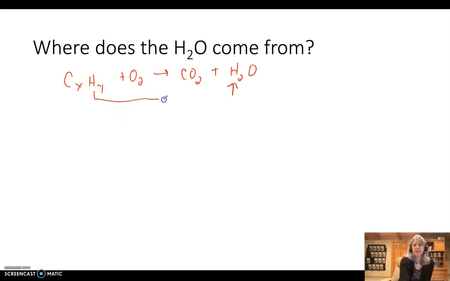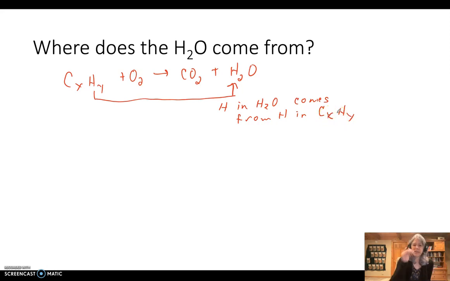So the hydrogen in water comes from the hydrogen in our unknown compound here with formula CxHy.